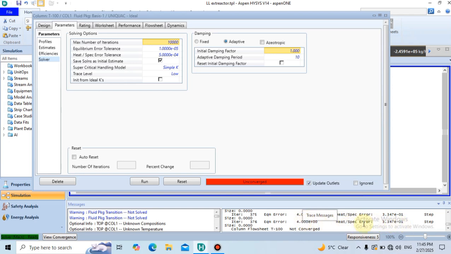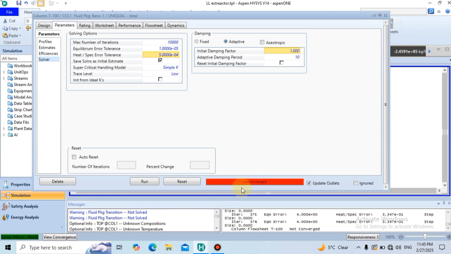If both of these values are less than these two values, which are the default equilibrium or material tolerance and heat specification provided here in HYSYS respectively, your simulation is going to run. Otherwise you will face the message of your simulation not converging.